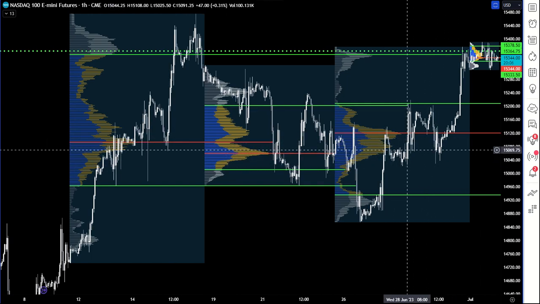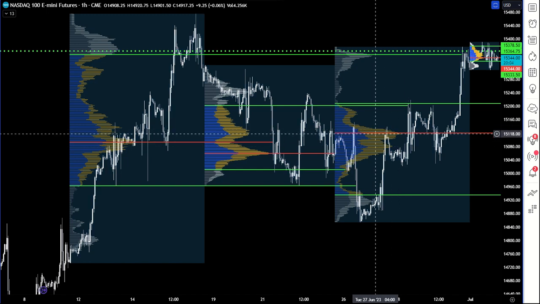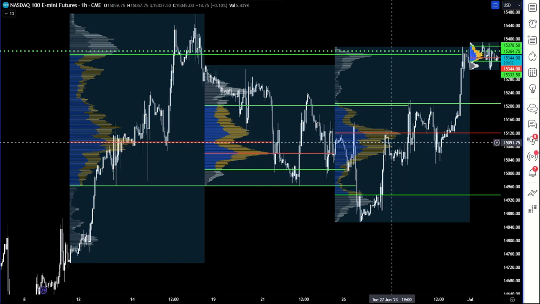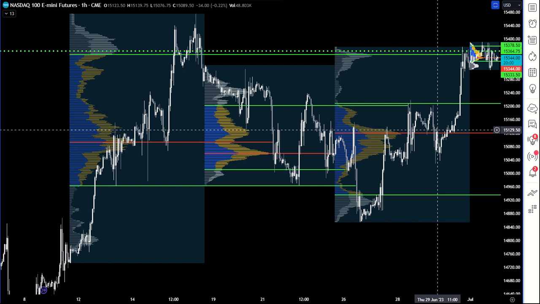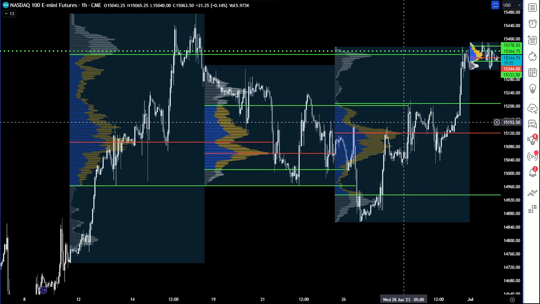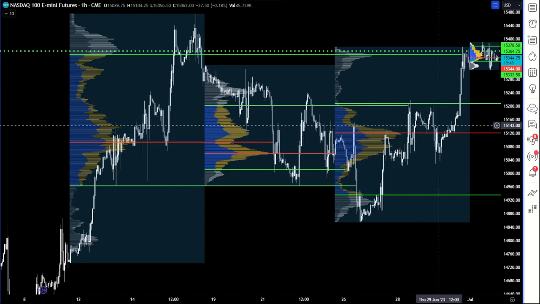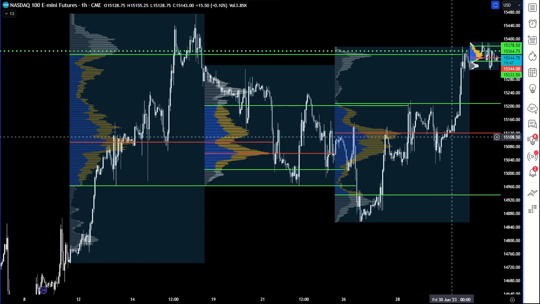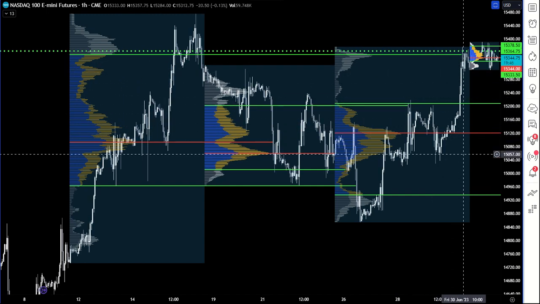So the accumulation is building and building, and there's going to be a breakout one way or the other, and that happens as this volume accrues in this area, and then you finally see a breakout to the upside or the downside.